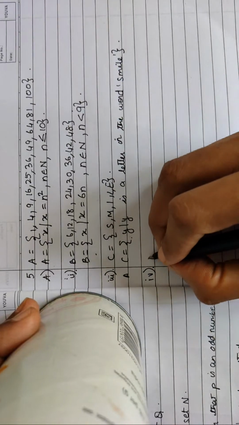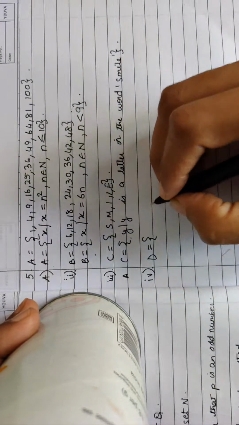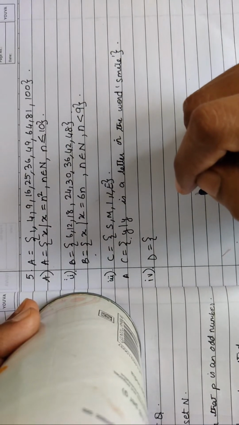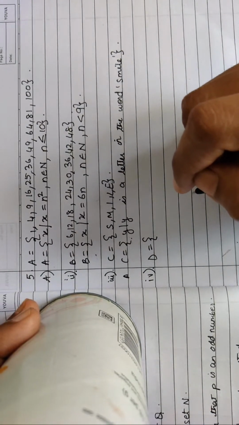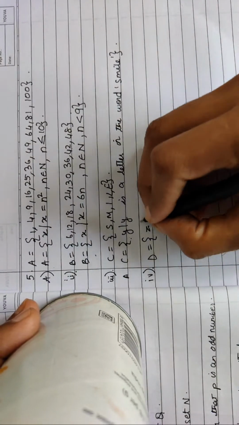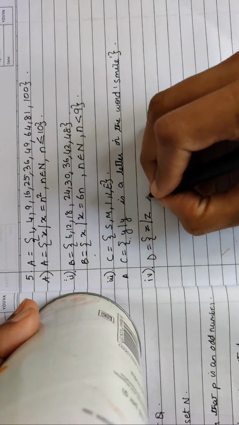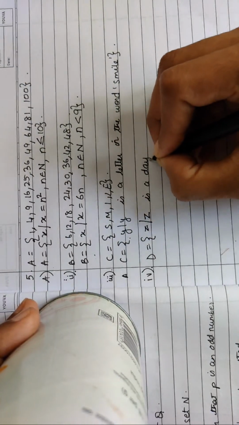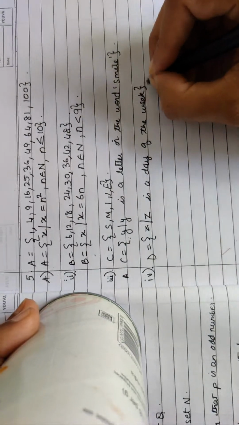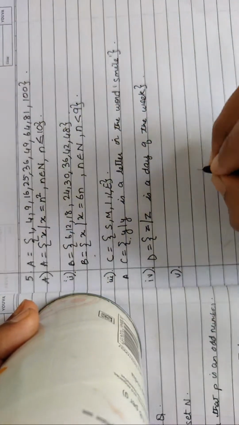Next, fourth one. I know this is Sunday, Monday, Tuesday, Wednesday, Thursday, Friday, Saturday. So this is the days of the week. So what will I write? Let's take z now. z such that z is a day of the week. Okay.